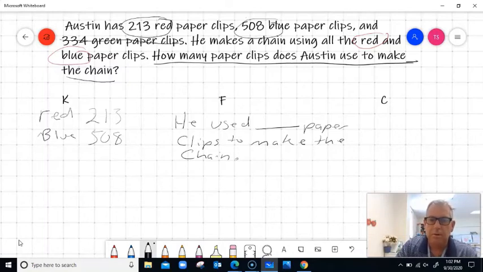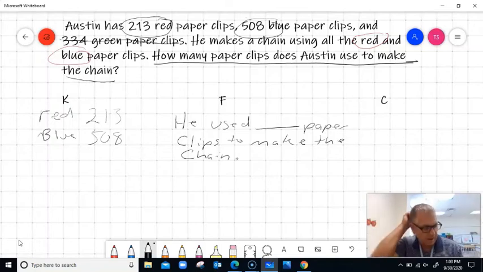Okay, period, right? Shouldn't capitalize my C there, but okay. And looking at special circumstances, the C stands for special circumstances, and that's kind of like some of our thinking. One of the special circumstances we already did: we lined out the 334 green paper clips because we didn't use them. But I always like to think about, what operation am I going to use to solve it?